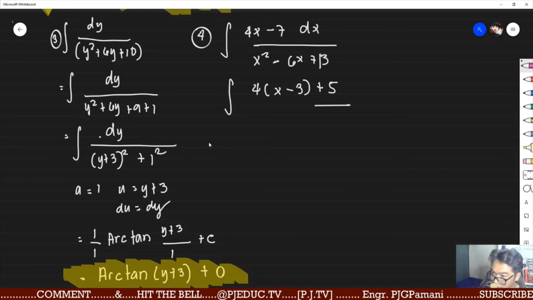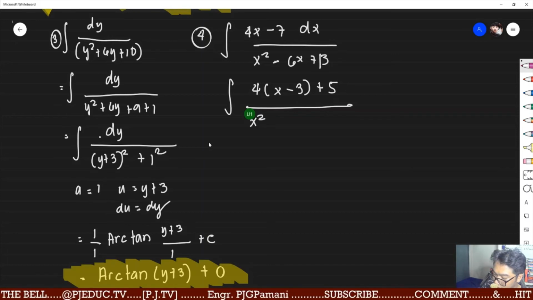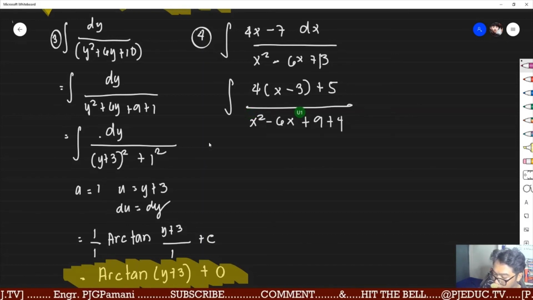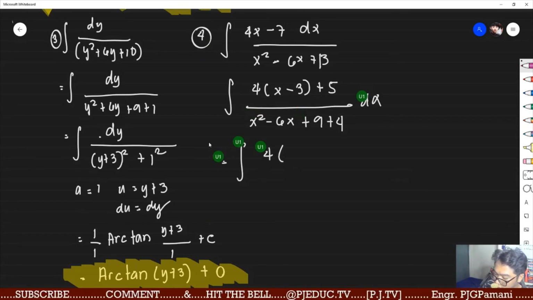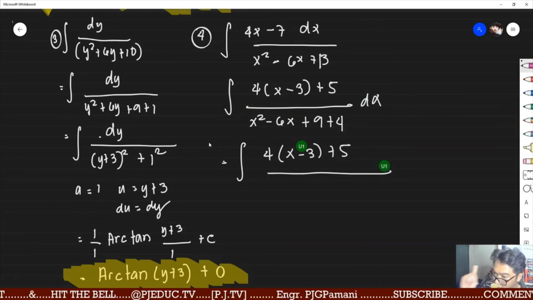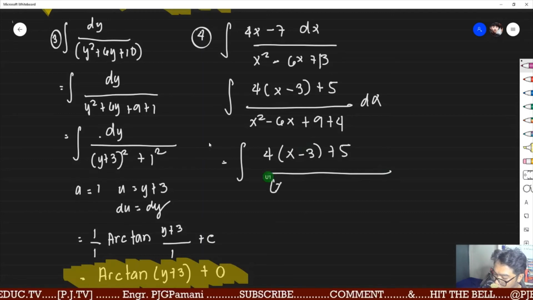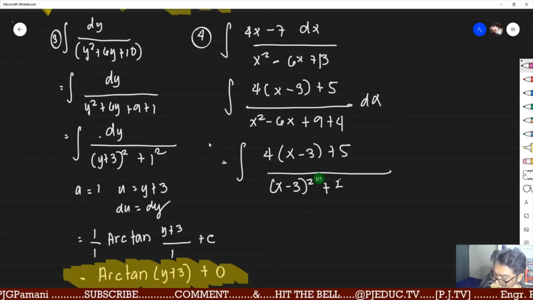Then, completing the square, that is simply x squared minus 6x, plus 9 plus 4. Diba? Dx. 4 times x minus 3 plus 5 all over x squared minus 6x plus 9, completing the square. X minus 3 squared plus, yung nag-iisa, 4.